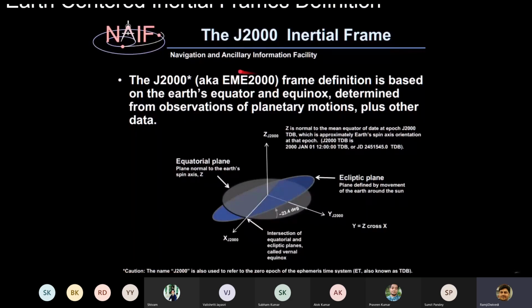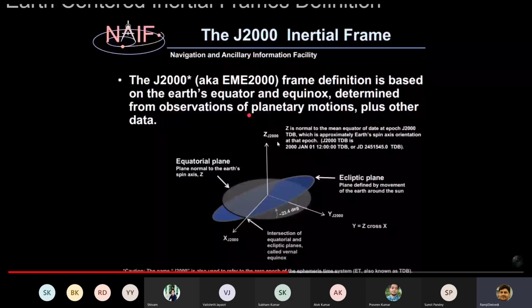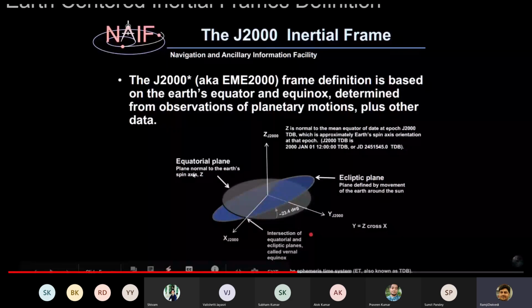Z is normal to the mean equator of date at epoch Z2000, which is approximately the Earth spin axis orientation at that epoch, and this epoch is 1 January 2000. The ecliptic plane is defined by the movement of the Earth around the Sun, and the equatorial plane is normal to the Earth spin axis Z.